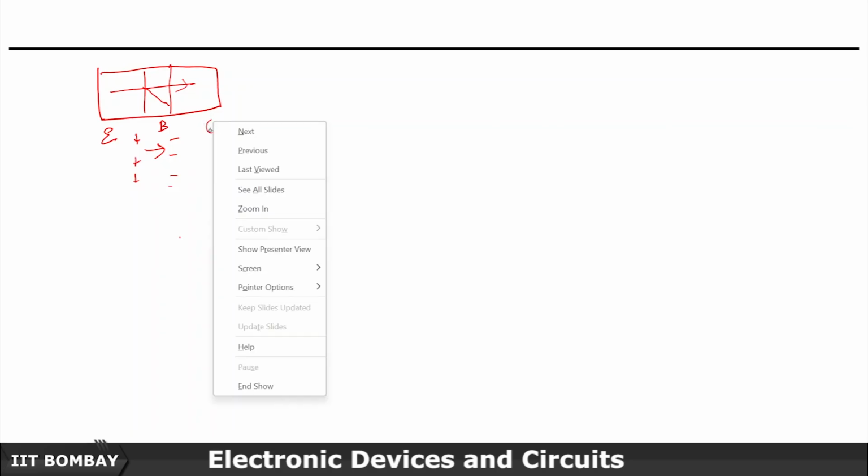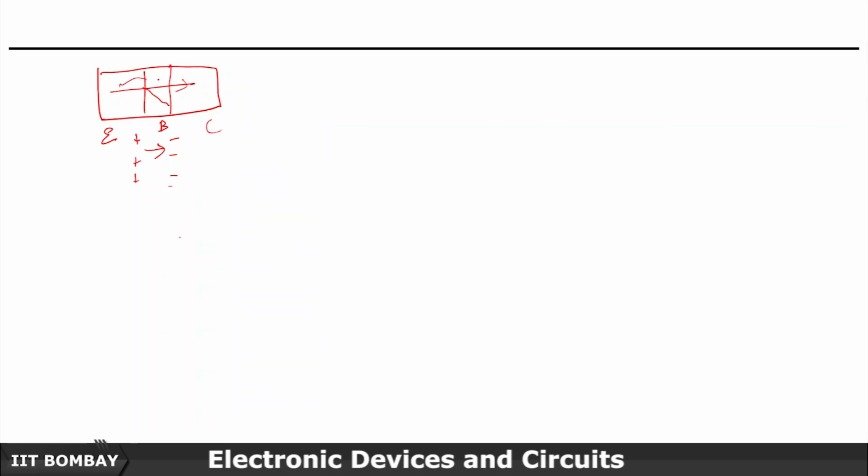This electric field will help the holes cruise through this base, because holes are supposed to pass through the base from the emitter. The emitter is emitting holes in the PNP case, so this additional built-in electric field will aid this process.